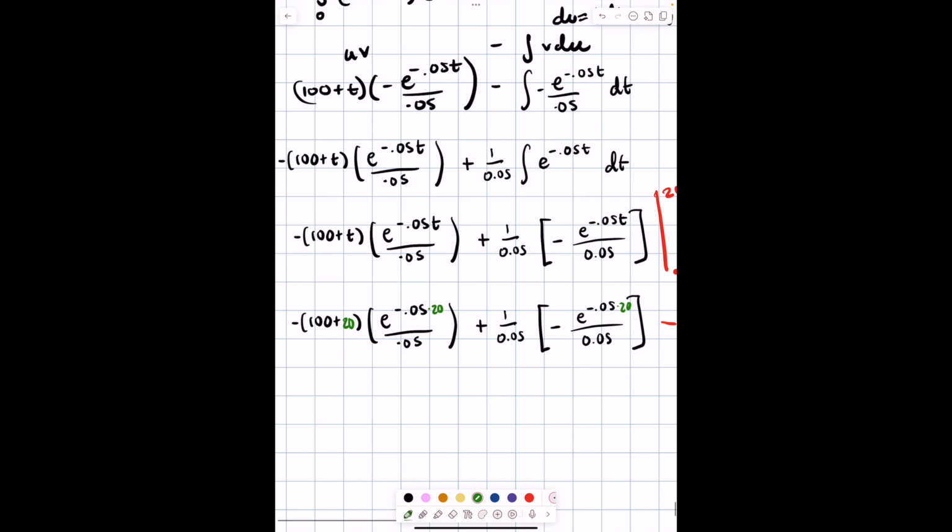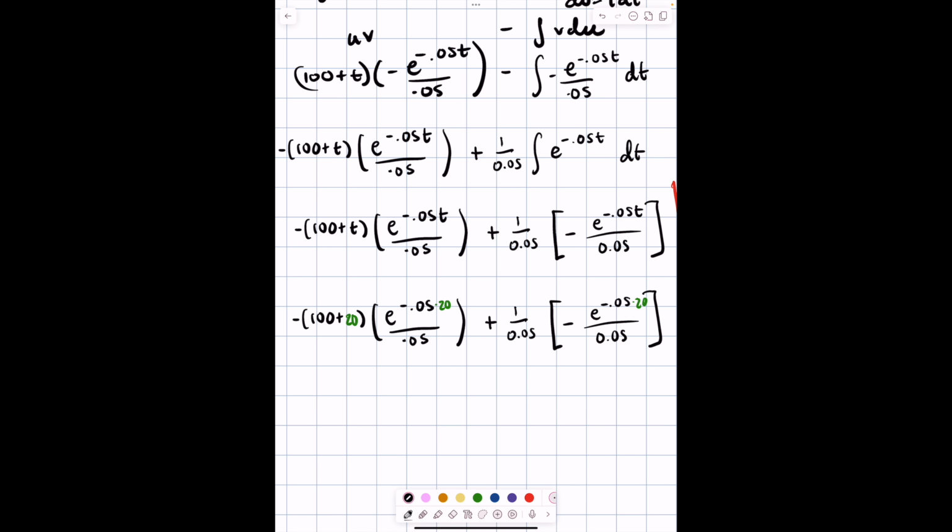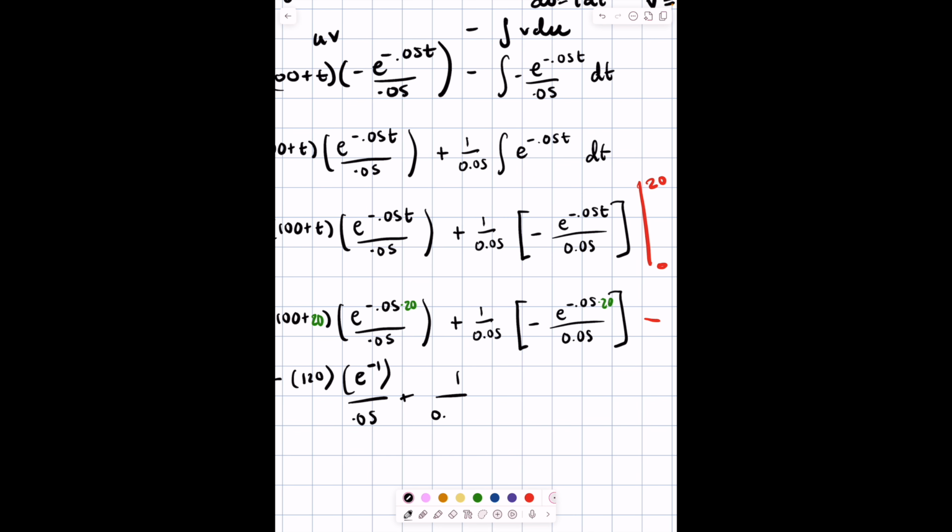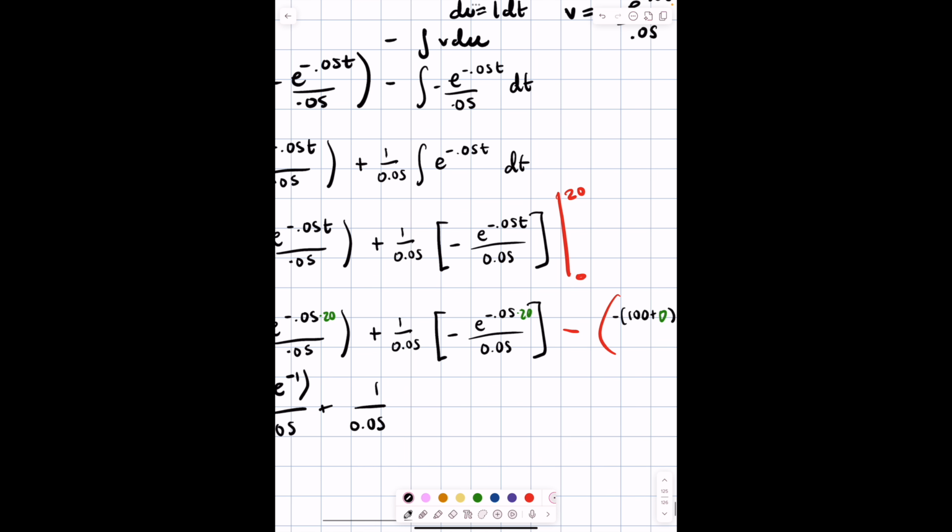Okay, so just from evaluating, I get negative 120 e to the negative 0.05 times 20, which is actually just 1. So e to the negative 1 over 0.05 plus 1 over 0.05. This is the same thing. So it's minus e to the power of negative 1 over 0.05.